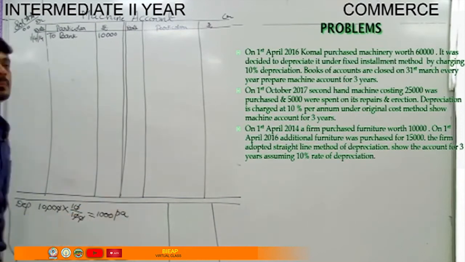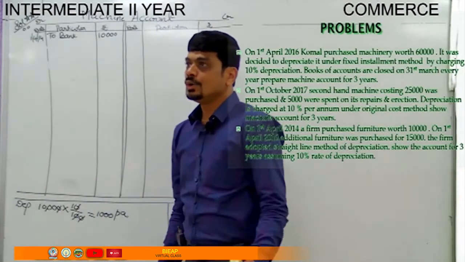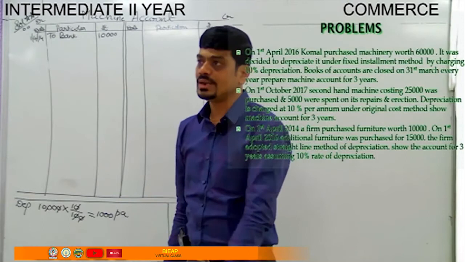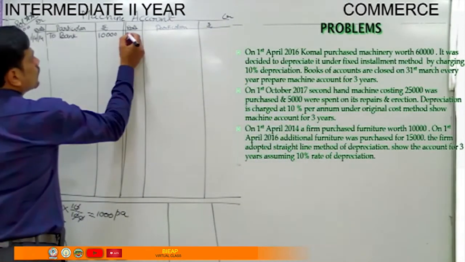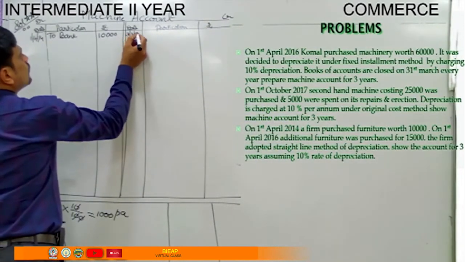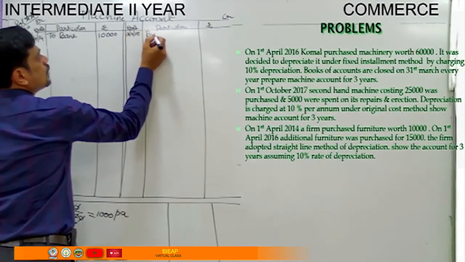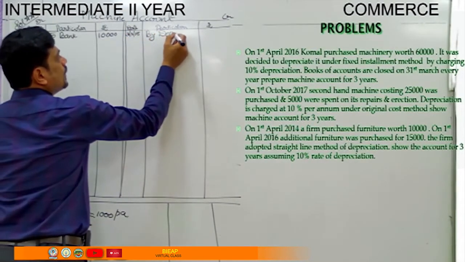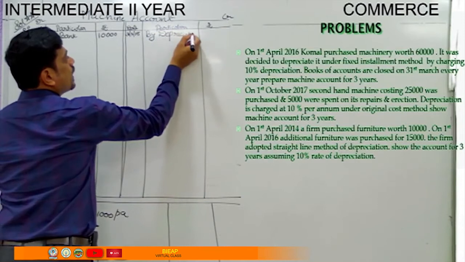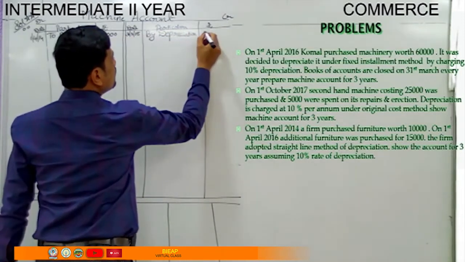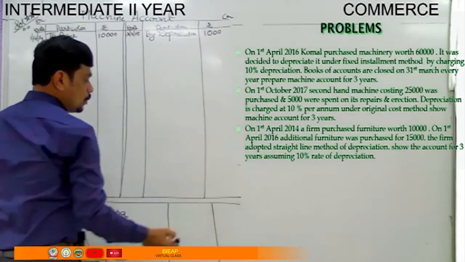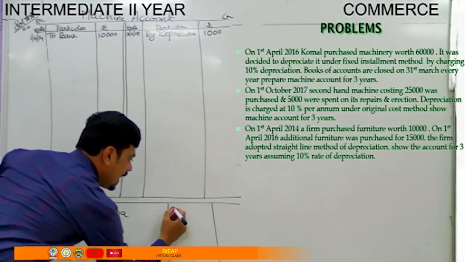Is there any proportionate to be calculated here? No. Why? Because April to March, 1 year. So 31st March 2015 by depreciation. How much is the depreciation we charge? 1,000. I'll come to column 1 and write cost here.